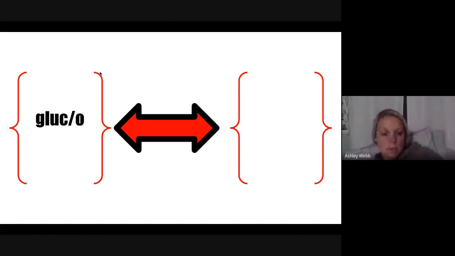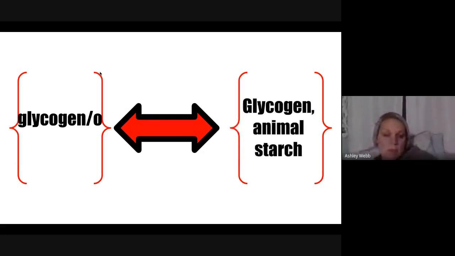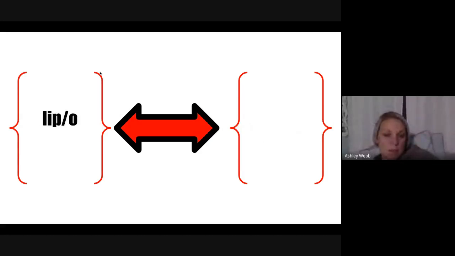This is one that we're pretty familiar with, glucose, of course, sugar. And then we have glyco, which is also sugar. Glycogen, then, of course, this one we should see and think lipid.